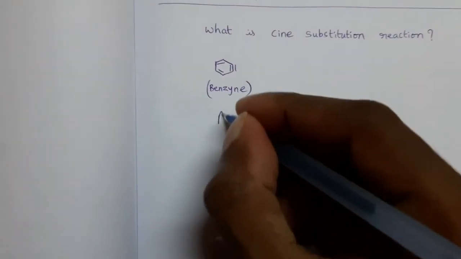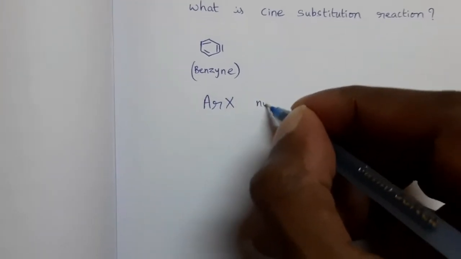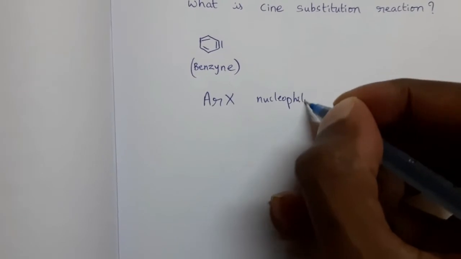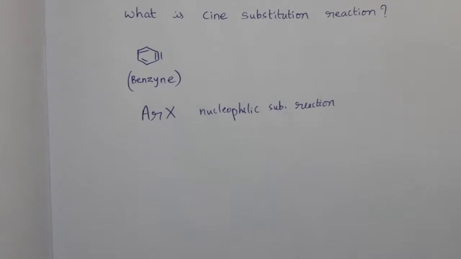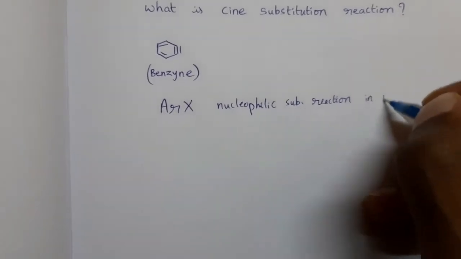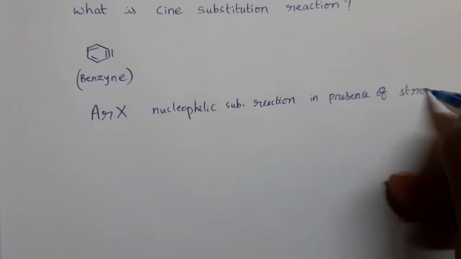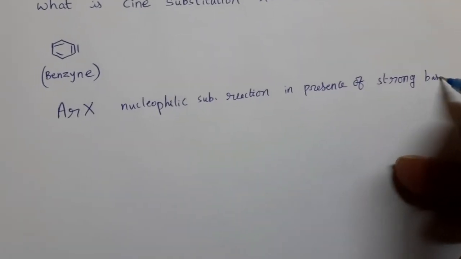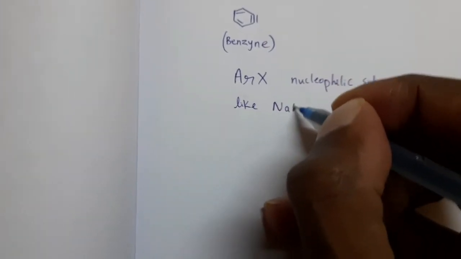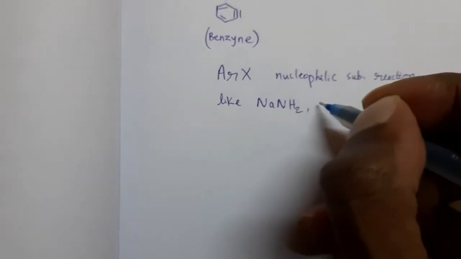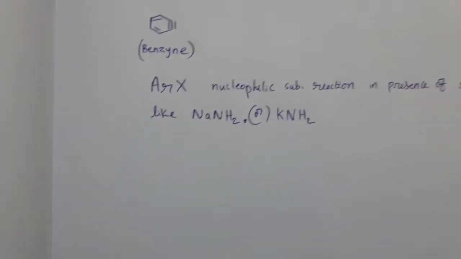See here, aromatic halides, general formula ArX, undergo nucleophilic substitution reaction in presence of a strong base like NaNH2 sodamide or KNH2 potassium amide.